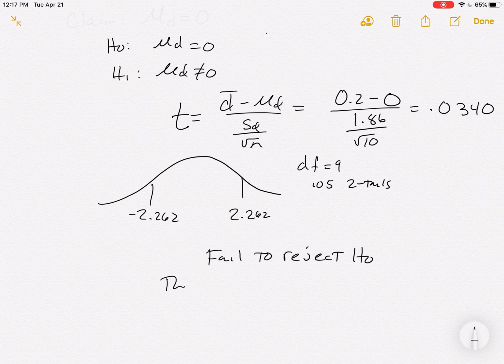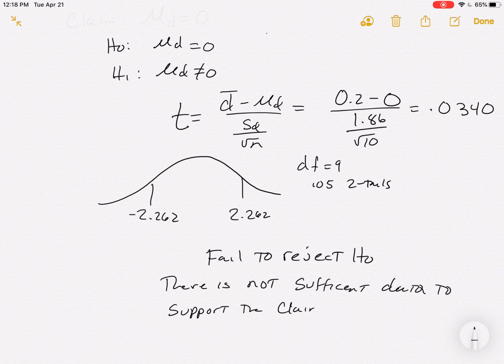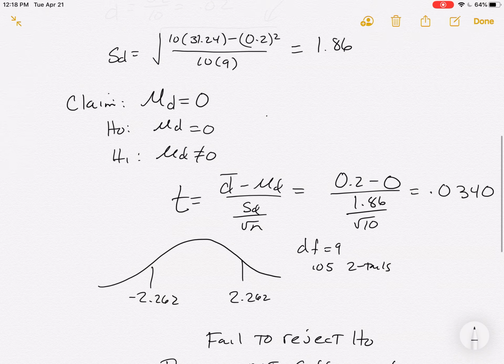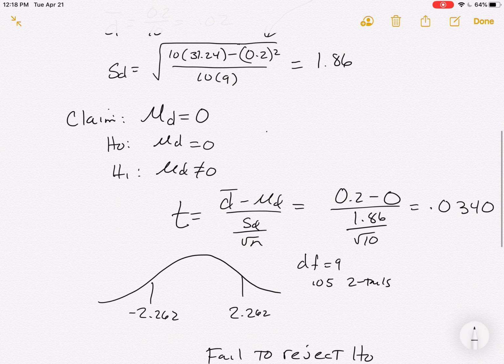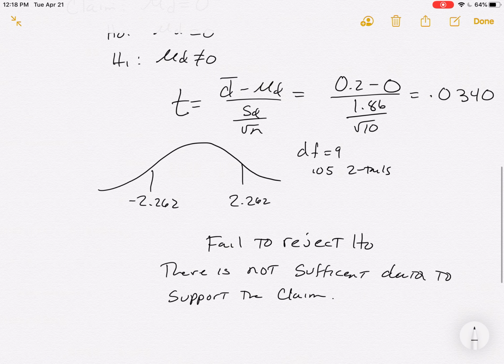And there is not enough, it is not sufficient data, that's how they word it, to support the claim, right? So we cannot support that claim. We can't even reject the claim. That might have been better since our claim was written in the form of a null hypothesis, but we're not going to be able to reject that claim either.